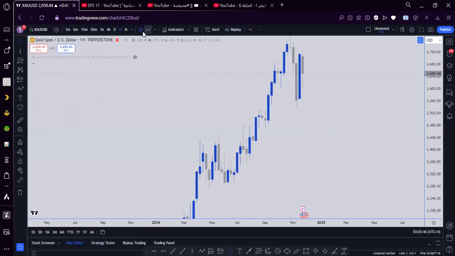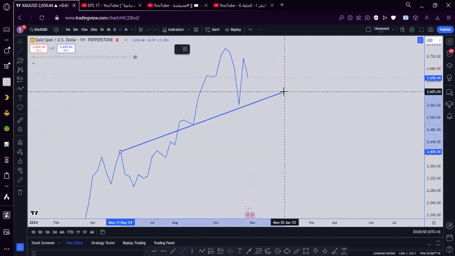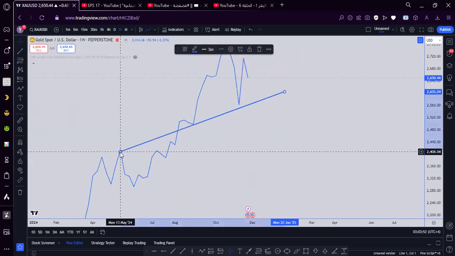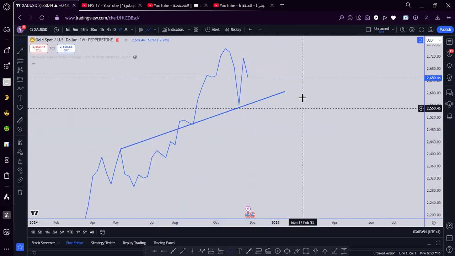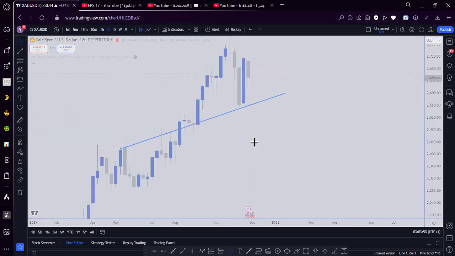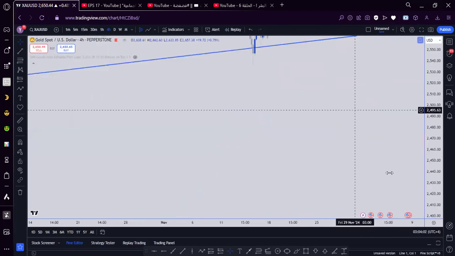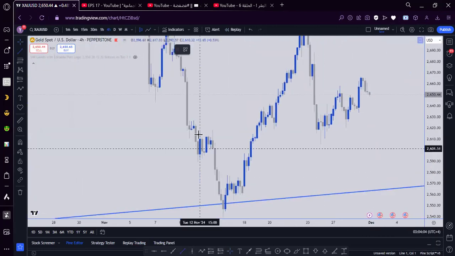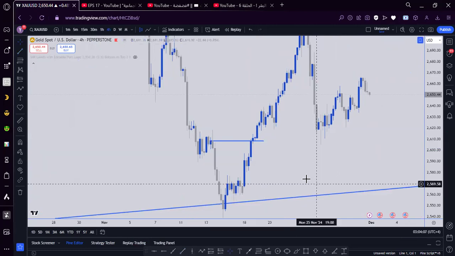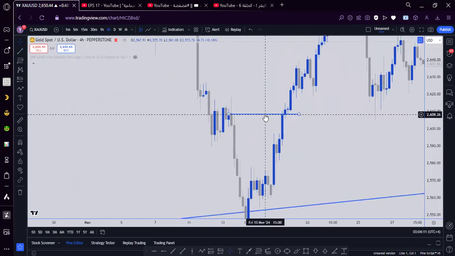Okay, where is this? Weekly advanced storyline started right here. Let's check the 4-hour time frame. On the 4-hour time frame, this is our bullish breakout for the bullish weekly advanced storyline.